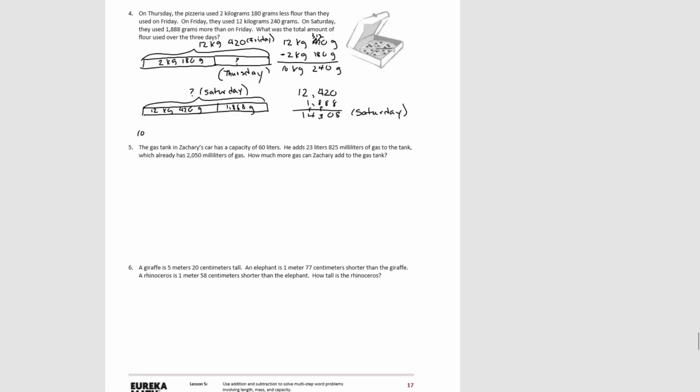So we have 10 kilograms, 240 grams for Thursday, plus 12 kilograms, 420 grams for Friday, plus 14 kilograms, 308 for Saturday. And if we add those all together, we get 36,428 grams, or 36 kilograms, 428 grams.